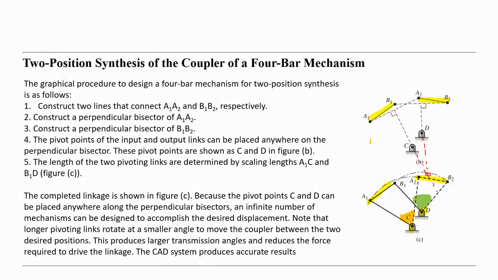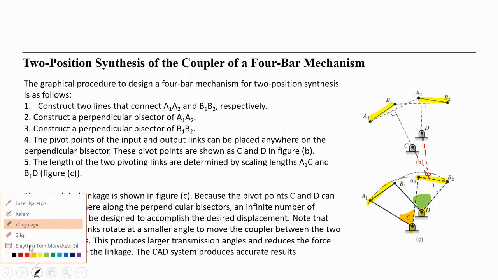So we create two pivot points instead of one, and we reduce the dimensions because of the space we have in the machine. So the design is very simple, as you see here.